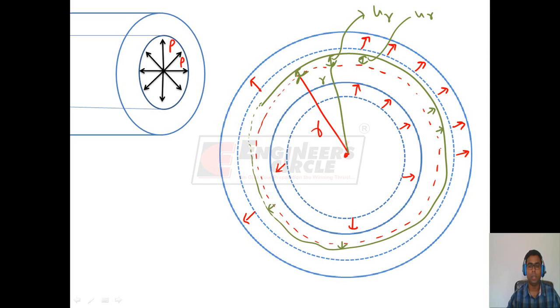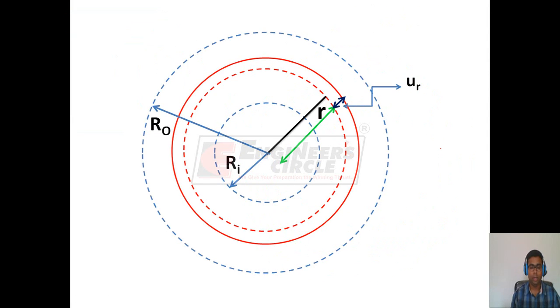If we see this on this diagram, the initial cross section had inner radius Ri and outer radius R0. Therefore, this is the initial thickness of the cylinder. After the application of pressure, this cross section will move in the radial direction.